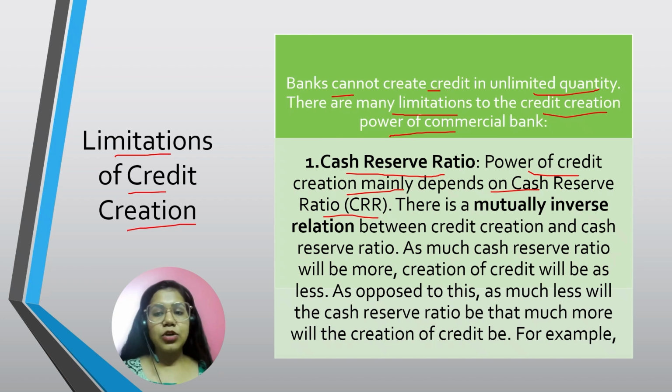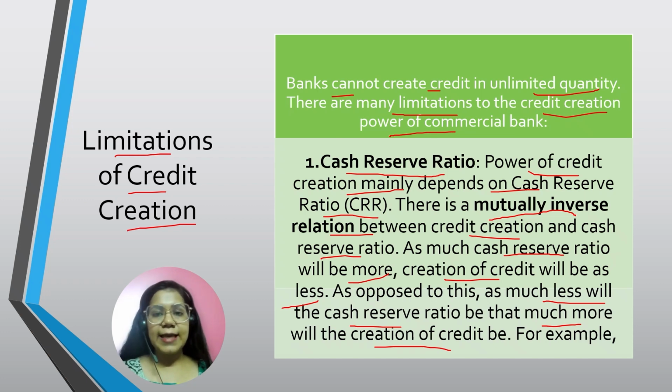So there is an inverse relationship between credit creation and the cash reserve ratio. If the cash reserve ratio is high, the credit creation will be less. Similarly, if the cash reserve ratio is less, then the creation of credit will be more. So let's see it through an example.